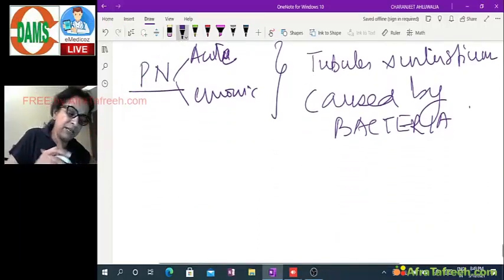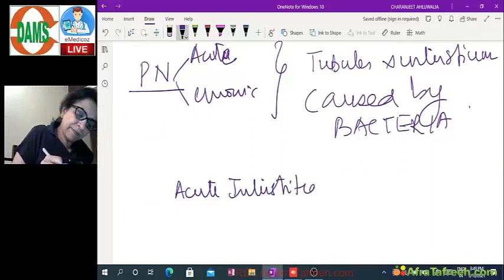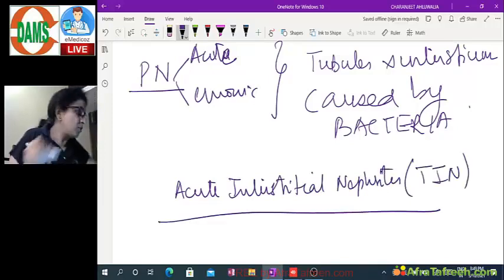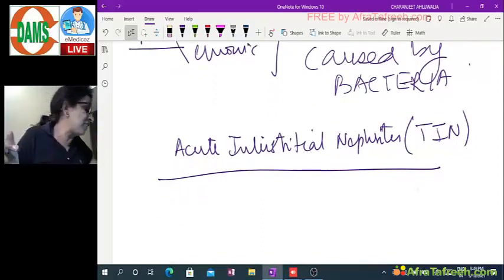So now let us see acute interstitial nephritis, which is also called tubulointerstitial nephritis, TIN. So what is acute TIN? Okay, now what is acute tubulointerstitial nephritis? It is acute inflammation of the interstitium, and it is usually immune mediated.